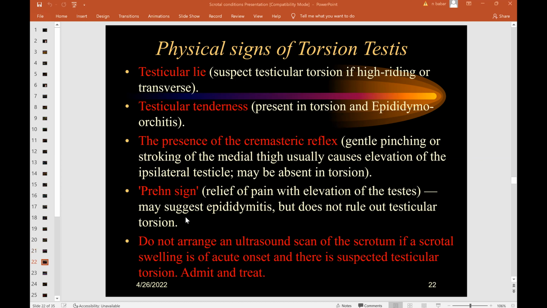So the physical signs of torsion: it's the polarity, which is the testicular lie. If the testicle is high riding or transverse rather than longitudinal. Testicular tenderness is present both in torsion as well as epididymo-orchitis, but not in cancer.